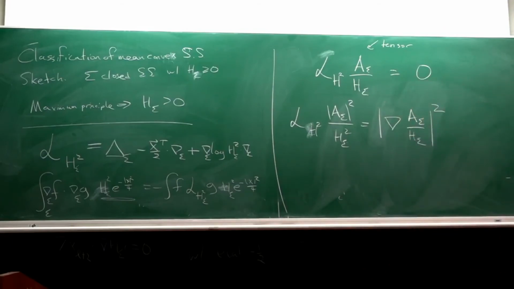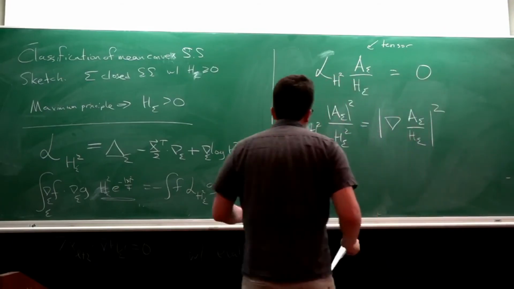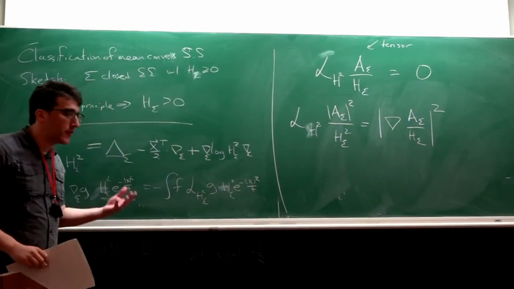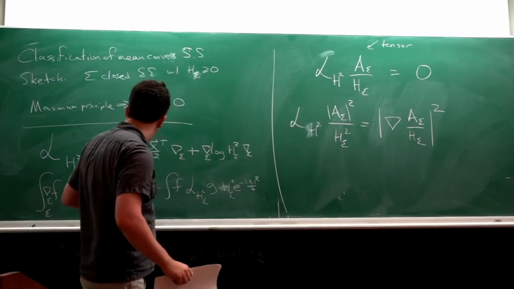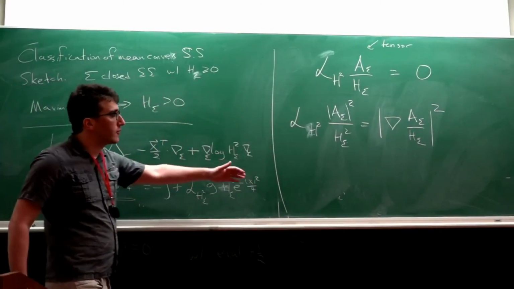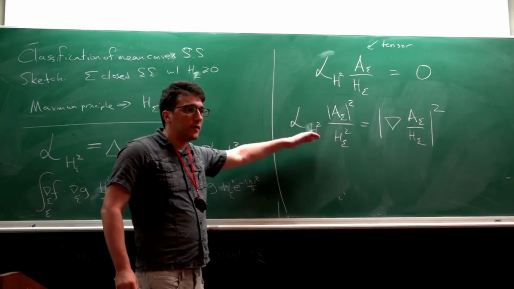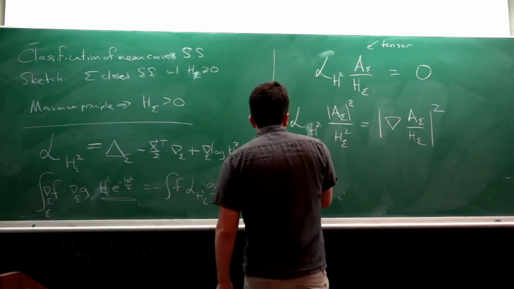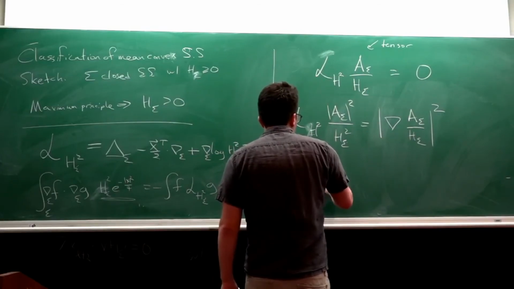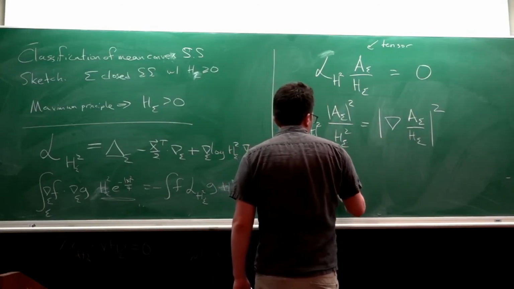Because sigma is compact, you can integrate this against this weight, and of course this integrates to 0. So just by integrating over sigma, this is parallel.